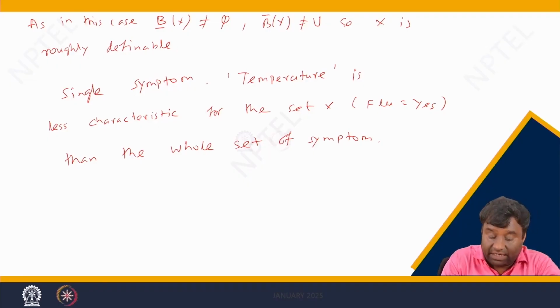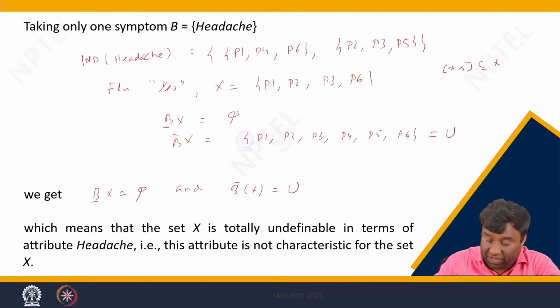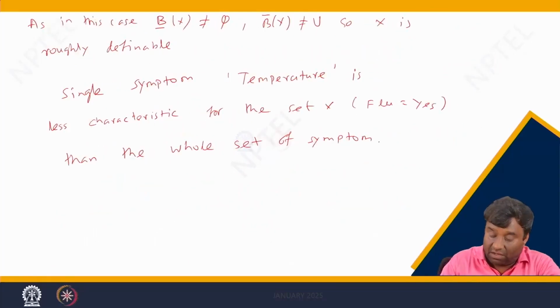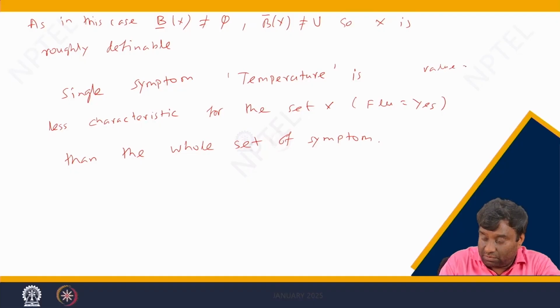However, the single symptom temperature is less characteristic for the set X, that is flu yes, than the whole set of symptoms. Here the value is 2 by 5, and for all symptoms the value is 3 by 5.